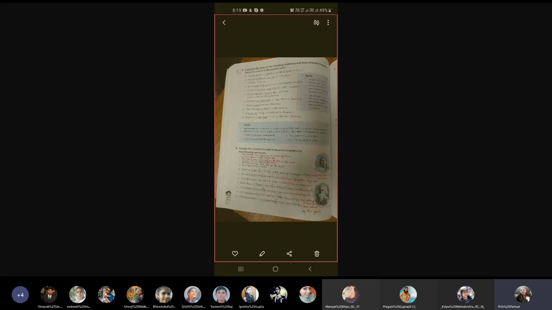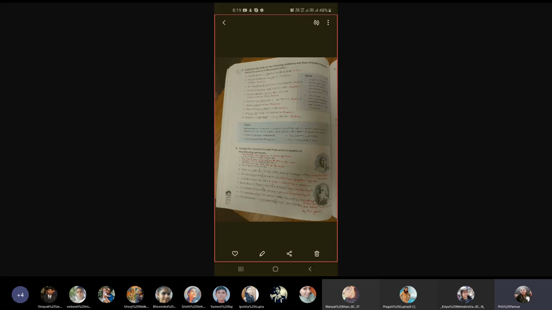Next, number four, the thief has been caught by the police. Has been caught is the verb and it is in the passive voice. Number five, Nelson Mandela opposed the apartheid system in South Africa. Opposed is the verb and it is in the active voice.